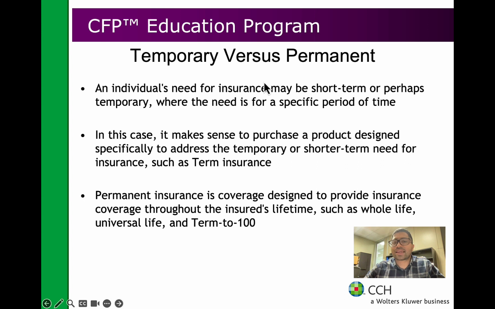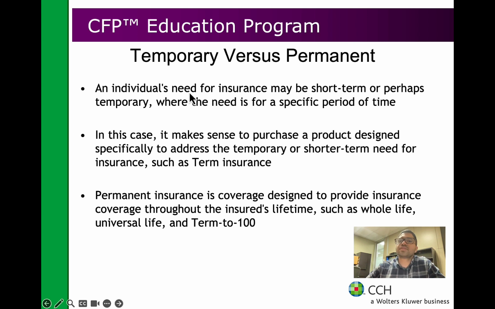The death can happen now, in the next 1 year, or like 65 years from now. It will still pay the benefit. Temporary means the insurance policy will pay if the person dies within a certain time frame. So for example, if you buy it for 5 years, then if the death happens in those 5 years, the payment occurs. Otherwise, the payment will not occur after that period.